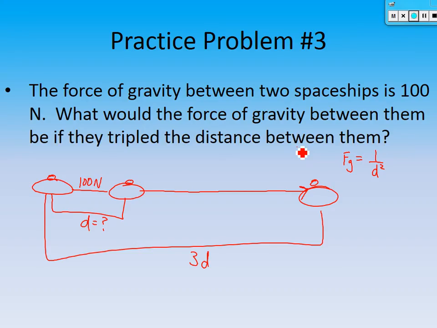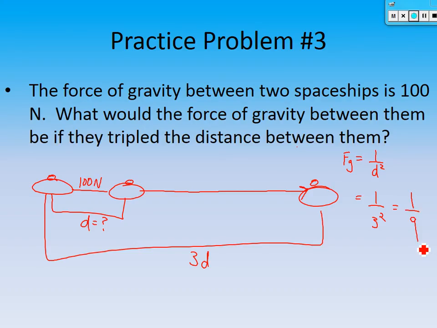Would it be 1/3 or would it be 3 or what would you do? 3 because you're tripling the distance between them. When they get farther away, this number is going to get larger, right? So it's equal to 1 over 3 squared, which is equal to what? 1 over 9.